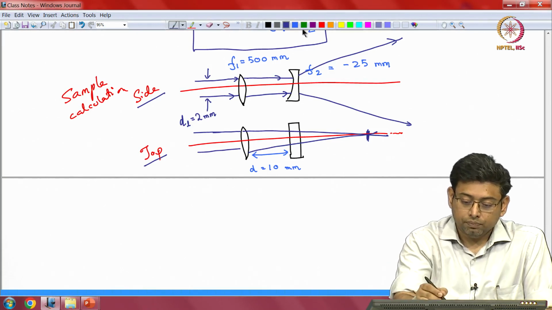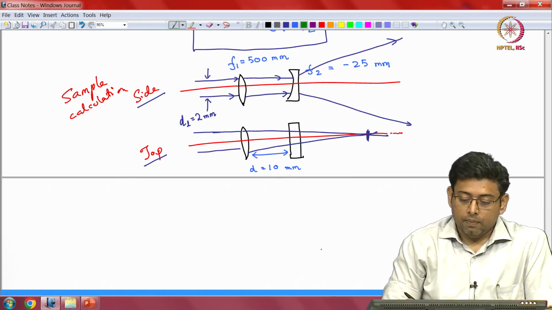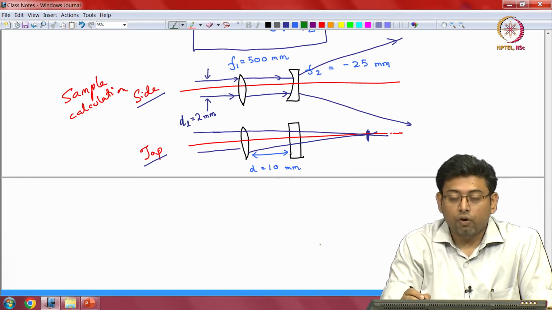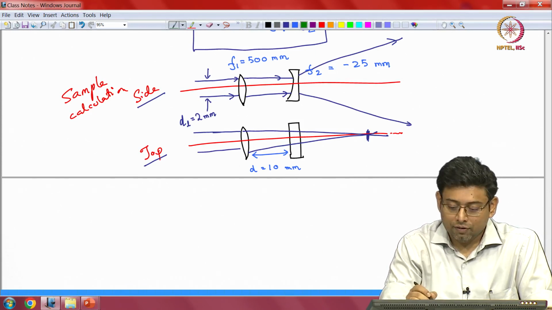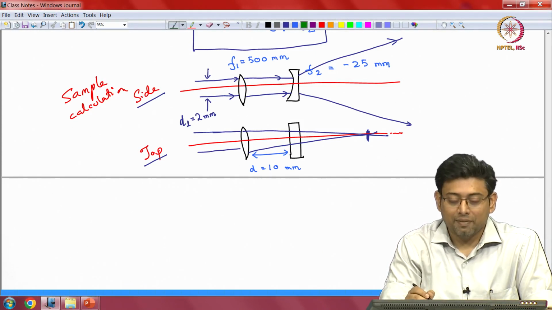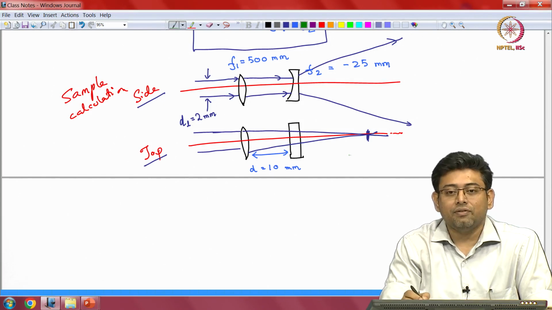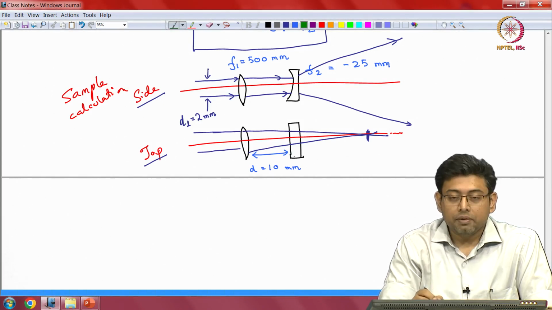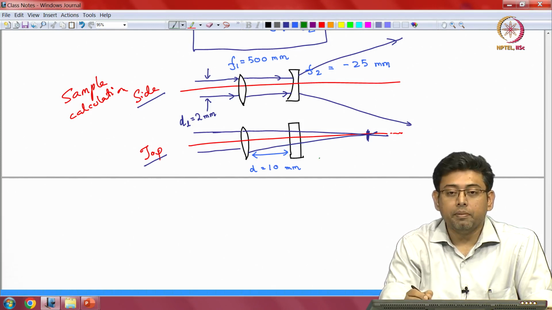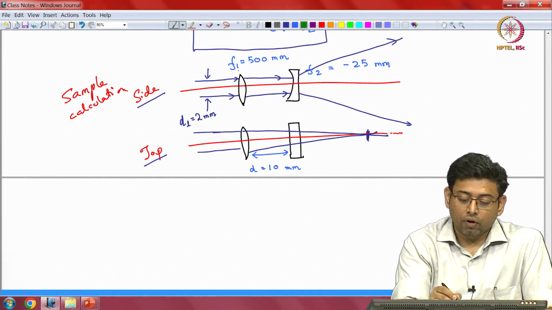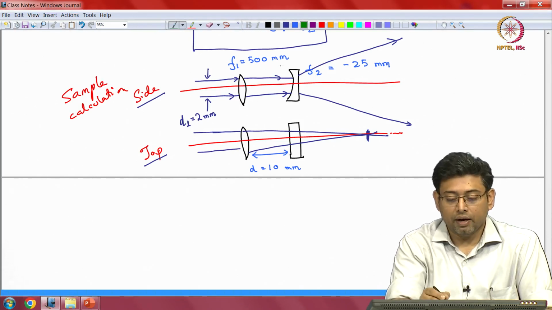Okay. So, before I start off with the solution, one thing I would like to point out, and Abhinit was good enough to point out to me last time, is that this diagram is severely exaggerated. In the bottom diagram, I am giving d as equal to 10 millimeters, whereas the focal length of the first spherical lens is 500 mm.